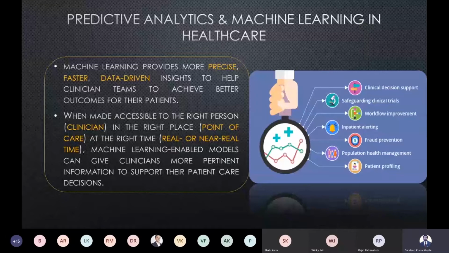So all those are the places where we can use this, and definitely the first one, clinical decision support system. That's the ultimate objective of analytics, to design a robust decision support system to help our doctors take very informative, calculated decisions in a timely manner.